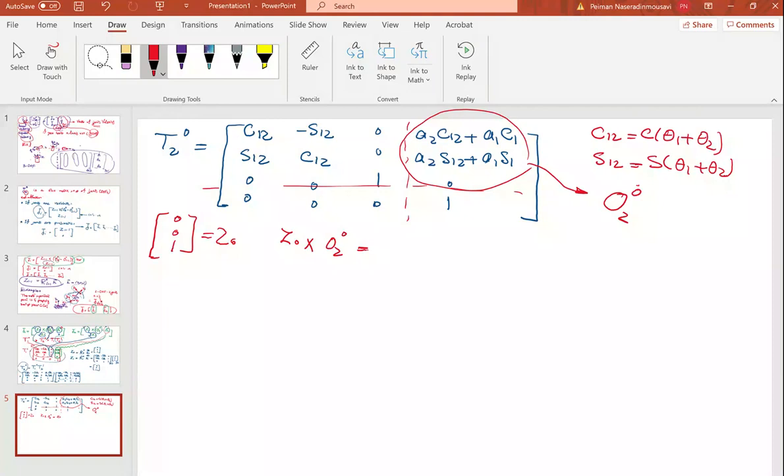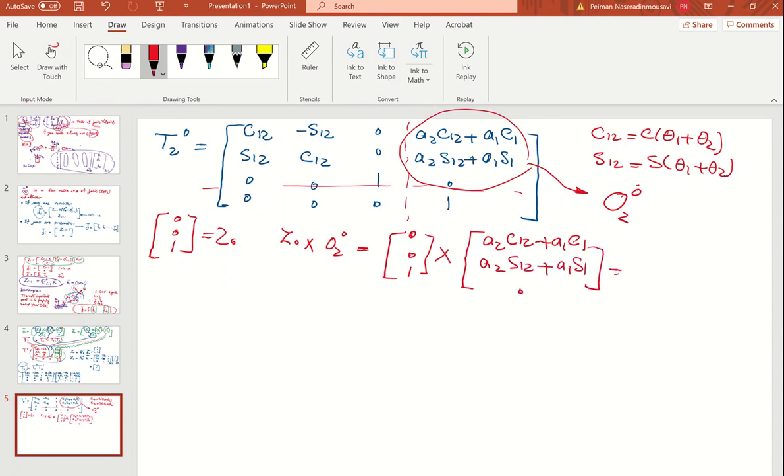Z0 is 0 0 and 1, in cross product with this part: A2 cosine 1 2 plus A1 cosine 1, A2 sine 1 2 plus A1 sine 1, and the 0.